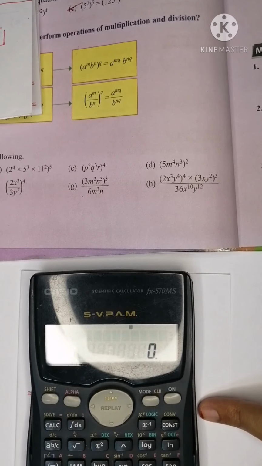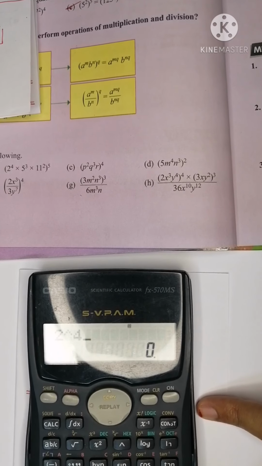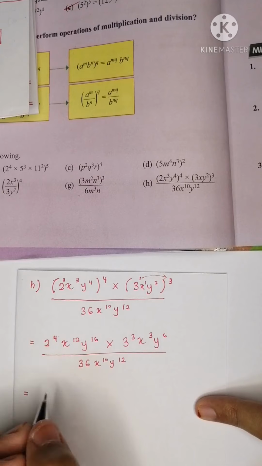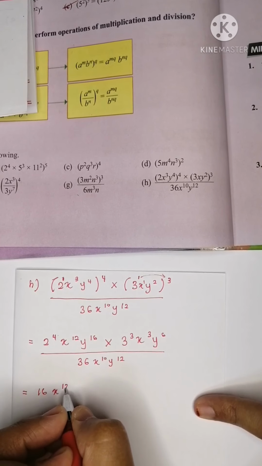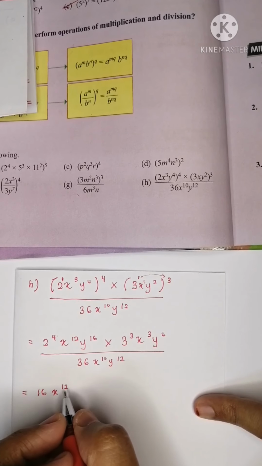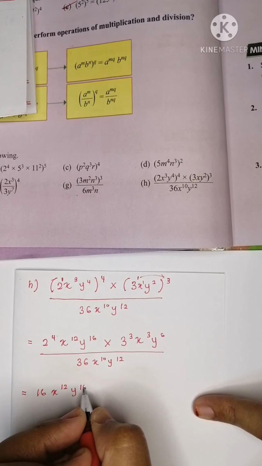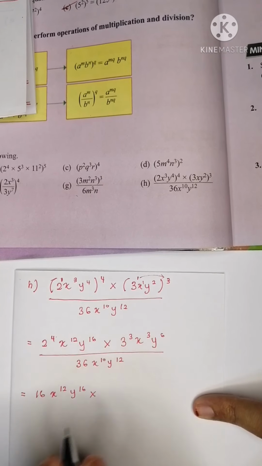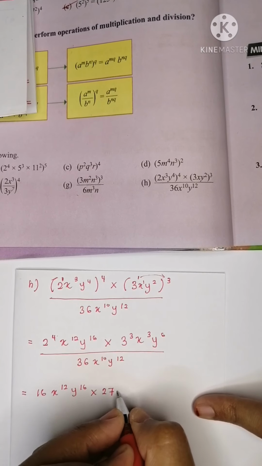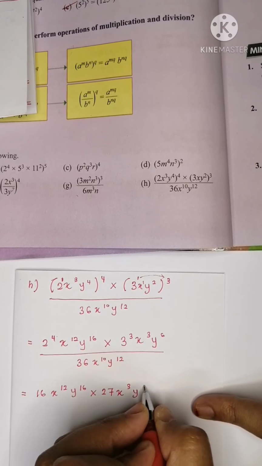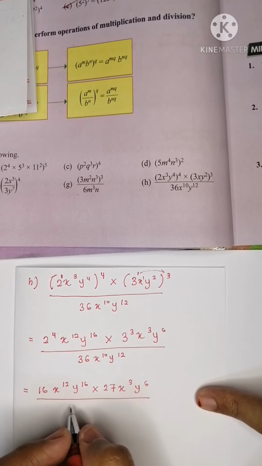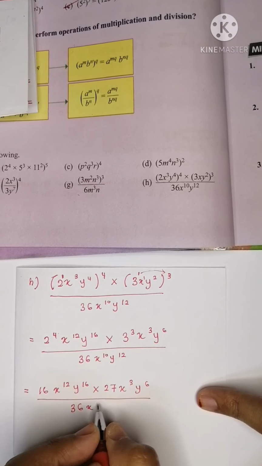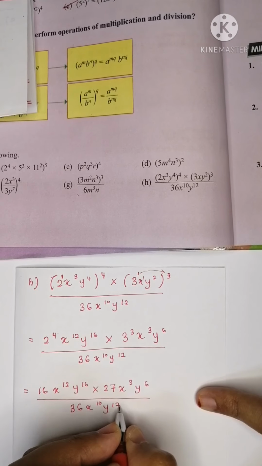Then you got 16. Copy back x to the power of 12, y to the power of 16, times 3 to the power of 3, which is 27, x to the power of 3, y to the power of 6, over 36 x to the power of 10, y to the power of 12.